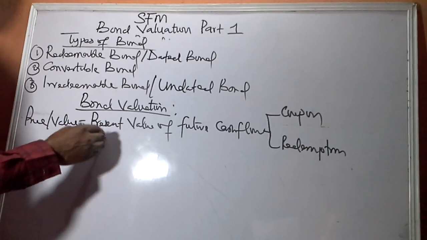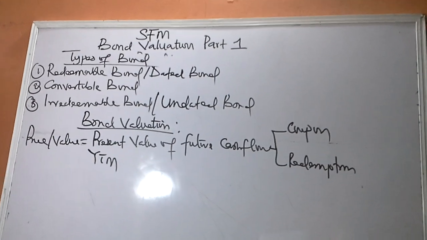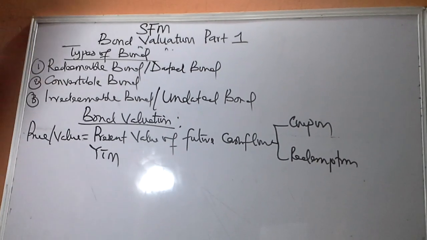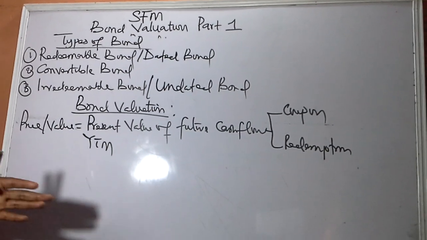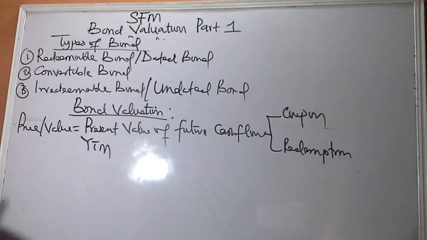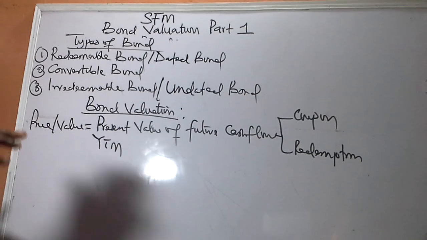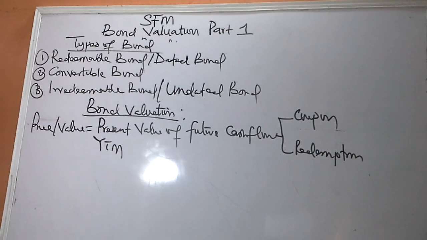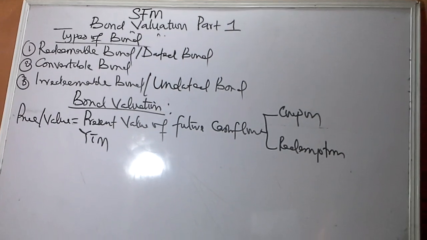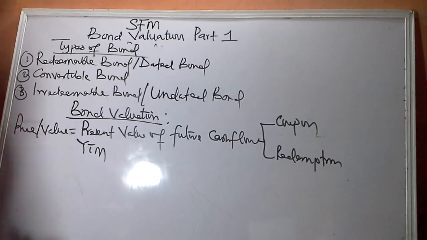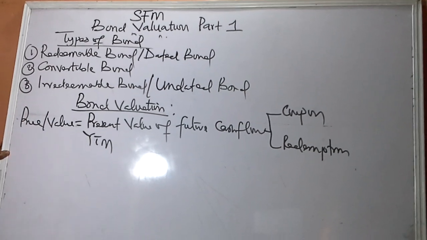Yield to maturity. So that is how to do bond valuation, right? The present value of the future cash flows, and the future cash flows here are the coupon and the redemption value. You are going to get the coupon for all the years of the bond, plus the redemption value in the last year. Discount them at what? At the yield or yield to maturity. You will have the price of the bond, what the bondholder will pay to invest in the bond.